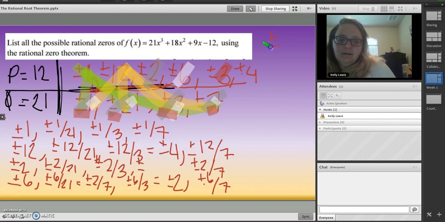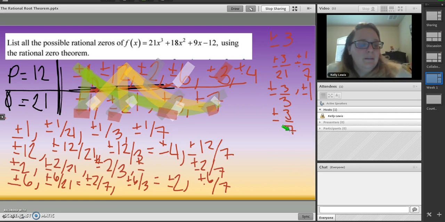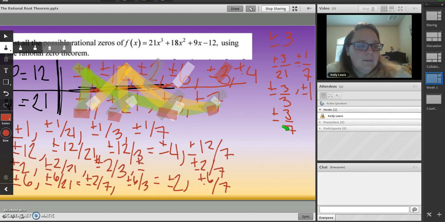Okay, 3 divided by 1. 3 over 21 is the same as 1 over 7. So 3 over 3 is the same as 1. 3 over 7. Okay. Now we have the last one.